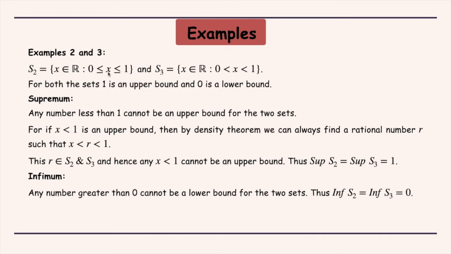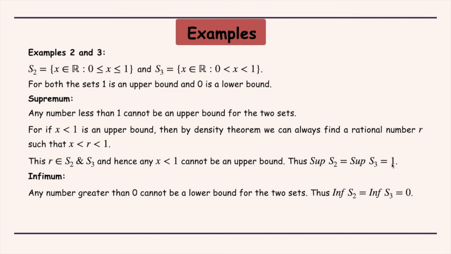So this rational number r would belong to both the sets S2 as well as S3, and therefore this x which we had taken to be less than 1 cannot be an upper bound, because this r is bigger than x. This contradicts the fact that x is an upper bound, and hence nothing less than 1 can serve as an upper bound for the two sets, and hence the supremum of the two sets is equal to 1.